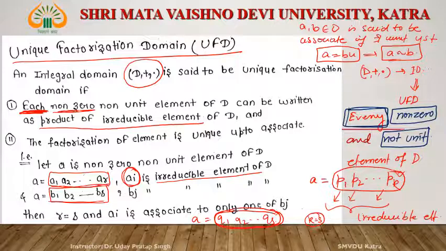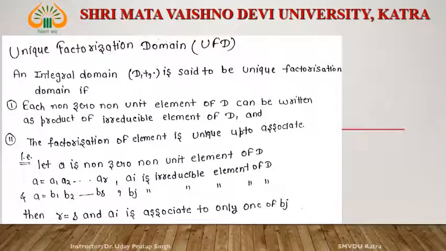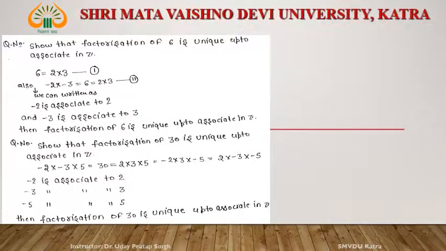So let us see some examples of the unique factorization domain. Z, +, dot is an integral domain, and we take an element, say 40.